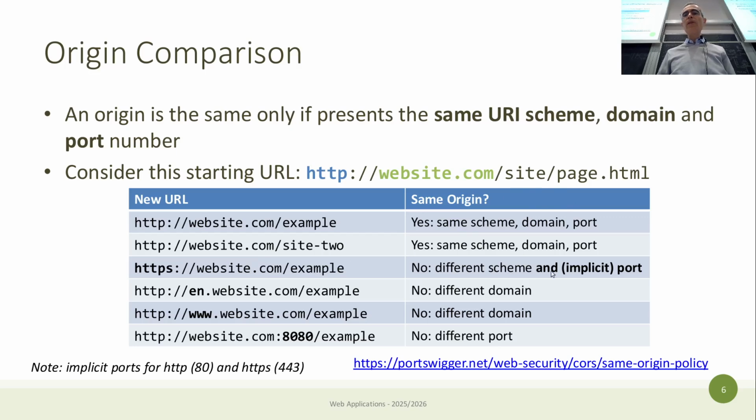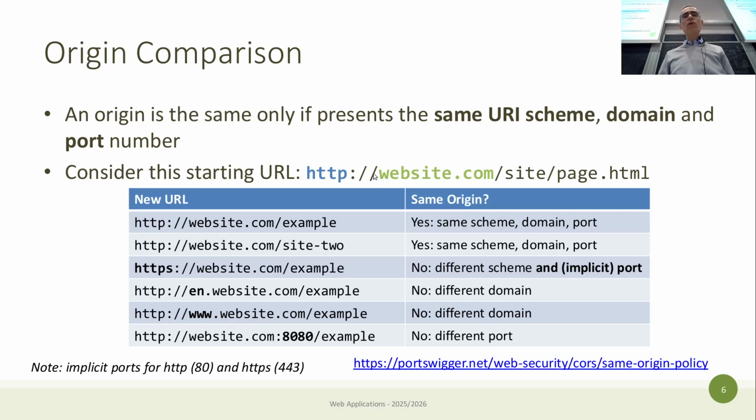No, this is a different scheme, and of course also a different port, even if it's implicit. Okay? Or if you change the host name, api.website, www.website and so on, that's not the same origin because it's a different domain. Okay?